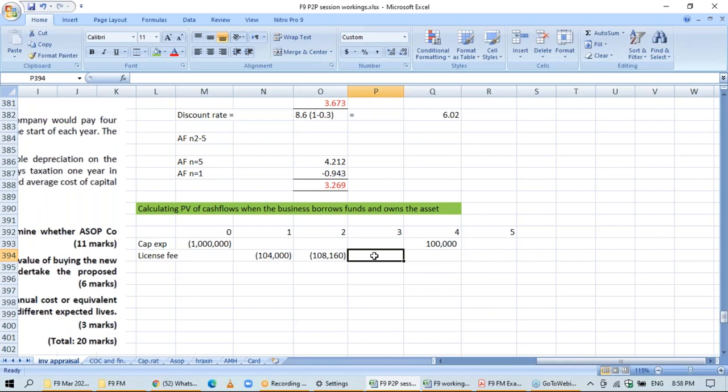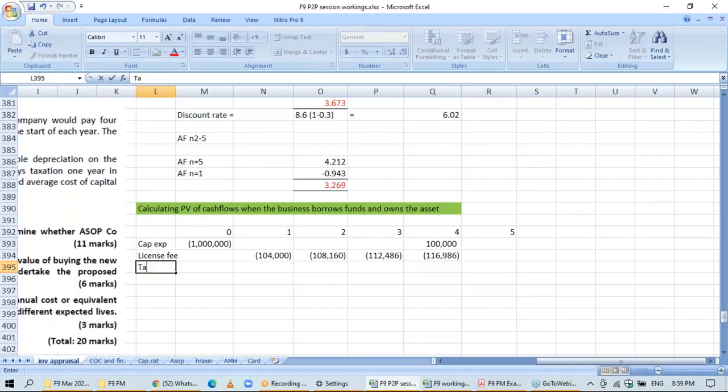So it's an incremental or differential cash flow, that's why I'm using it. Over here, in the next year, 108,160 into 4%, and then the year thereafter will be 116,986. Okay, after this tax benefits would occur.